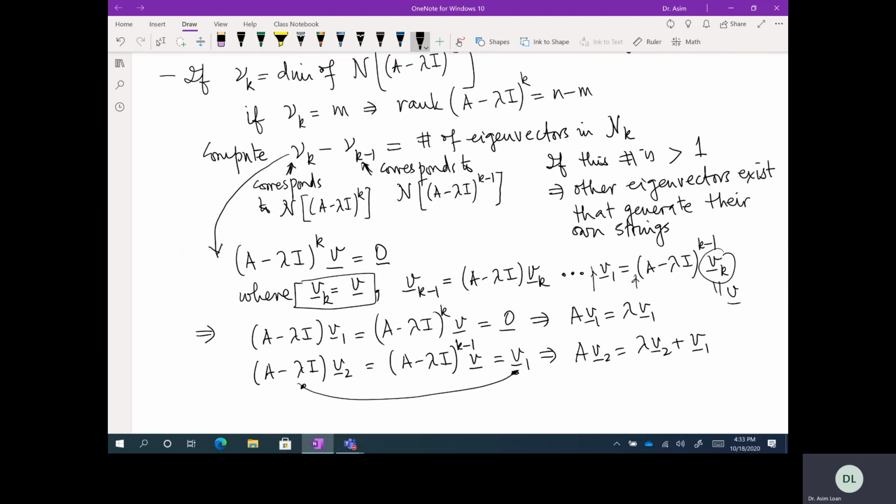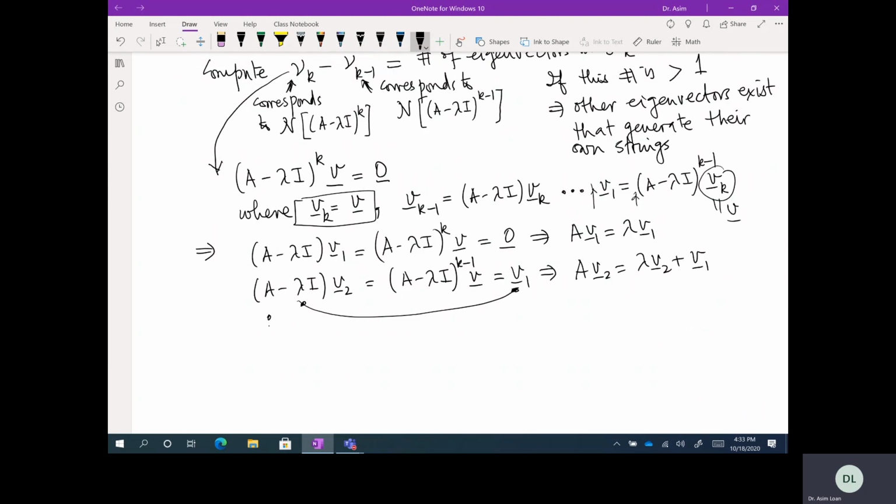And so on and so forth, right? And finally, this goes on until (A minus lambda I) vk equals (A minus lambda I) v, which is simply equal to vk minus 1.